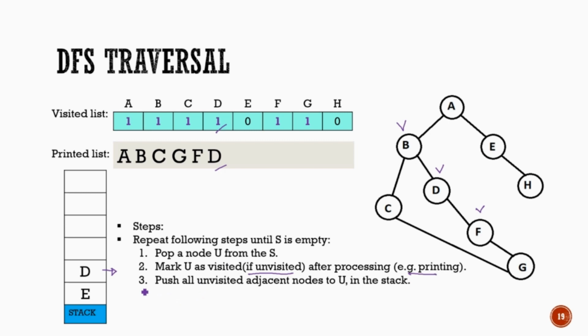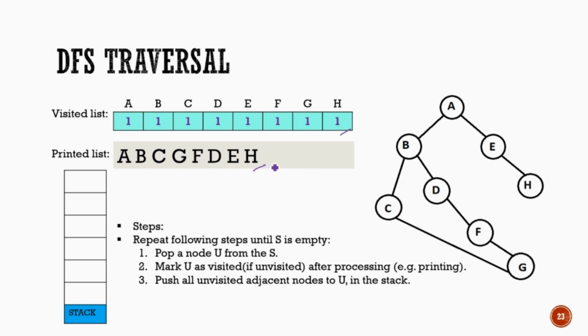So next we take D from the stack and we see that D is already visited, so we will not print it here. Next we take node E from stack. We print E and mark it as visited and we look for the adjacent node H. So we push H in the stack and next we take H from the stack, print H and mark it as visited.